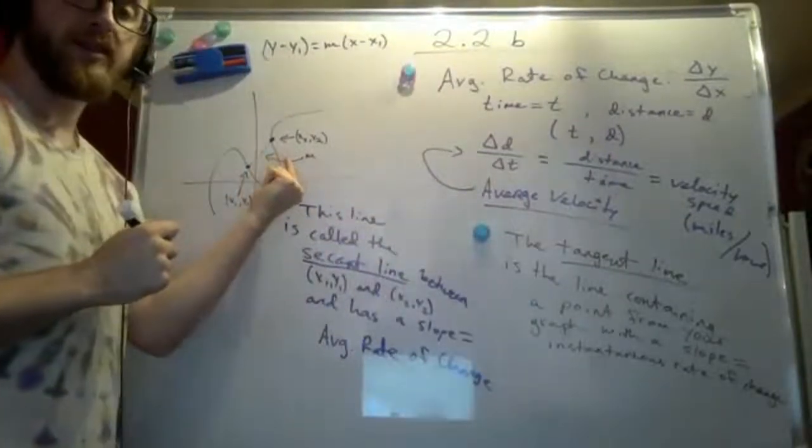So notice that this tangent line only requires 1 point, not 2, like the secant line.